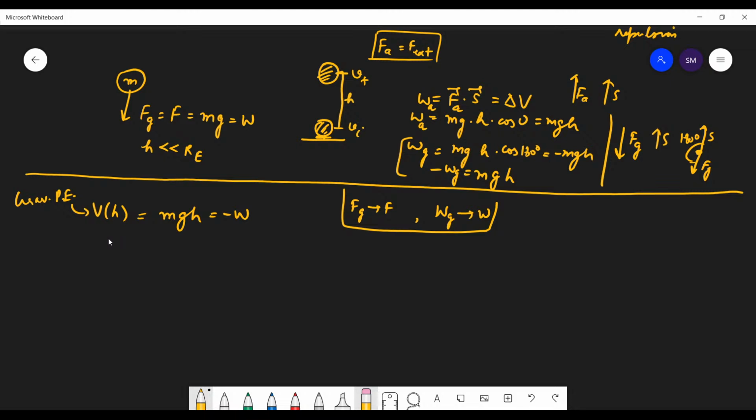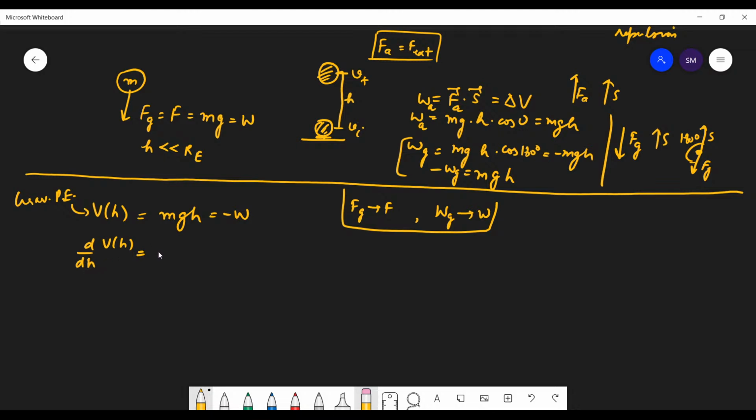So now if we do the derivative of this, what do we get? Differentiating V with respect to h, what do I get?